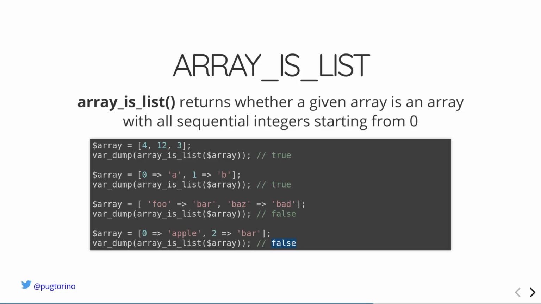So I think this function array_is_list can be useful, for instance, to check if an array is an associative array or not. But remember what list means for PHP. For this function, a list has sequential integer indexes starting from 0. So as the last example shows, you need to be careful.